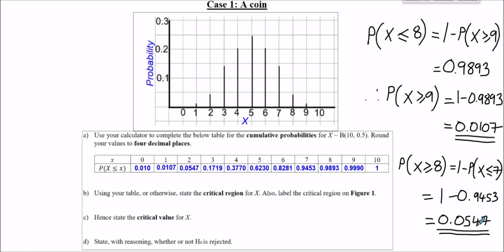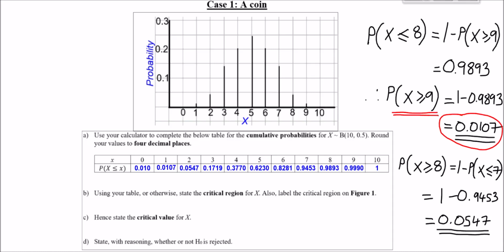Now that's actually just above 5%, so that's not yet below 5% significance. And so the chance of x being up to and including 8 isn't actually something we'd end up rejecting, because that's still above 0.05. So the first value which would cause us to reject the null hypothesis is this one here, where x is 9 or greater.